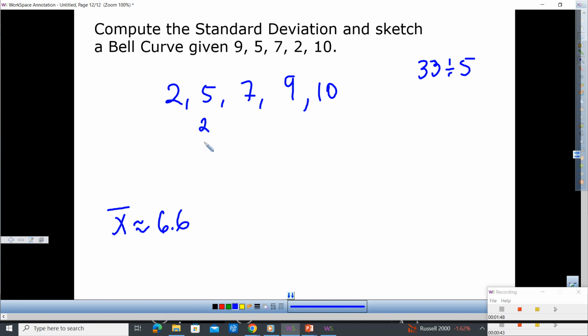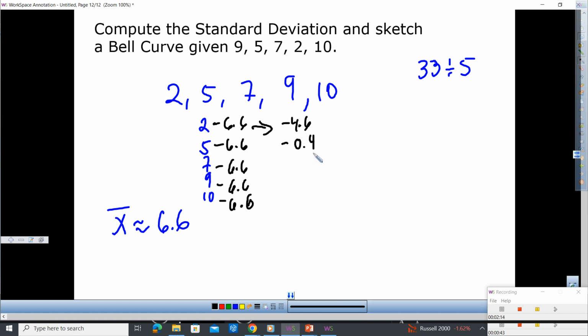So we got 2, 5, 7, 9, 10. We subtract 6.6. So this should have been negative 4.6, negative 1.6, sorry.